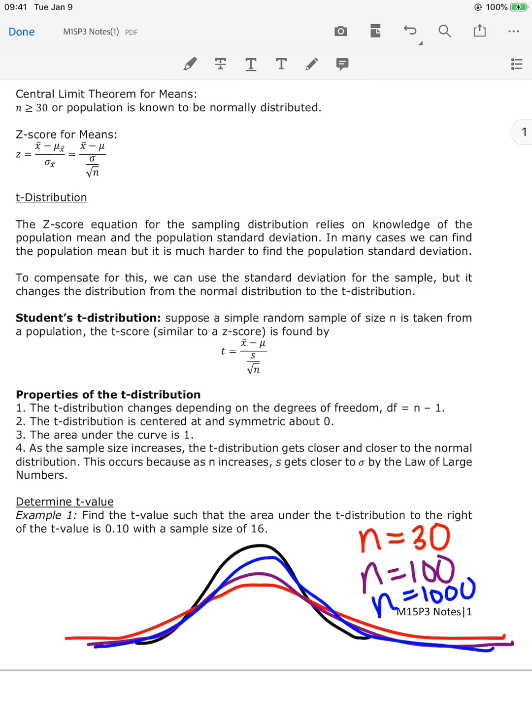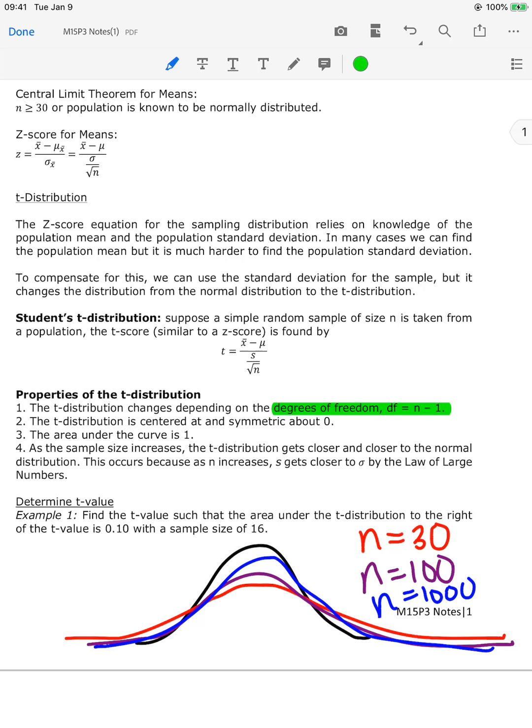So the t-curve is going to change depending on the sample size, and we call this the degrees of freedom. The degrees of freedom is equal to the sample size minus 1. For this hypothesis testing, we're going to need to know the degrees of freedom, and we need to remember that we're now using a t-distribution, not a normal curve, because we don't know the population standard deviation. So we have to substitute the sample standard deviation instead.